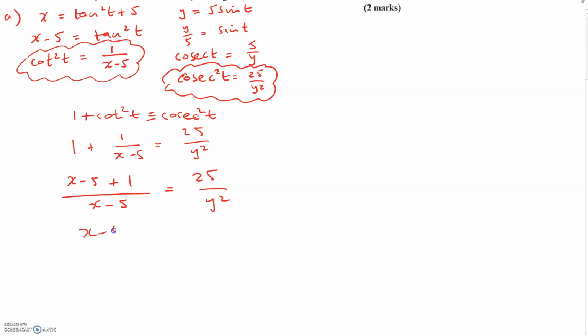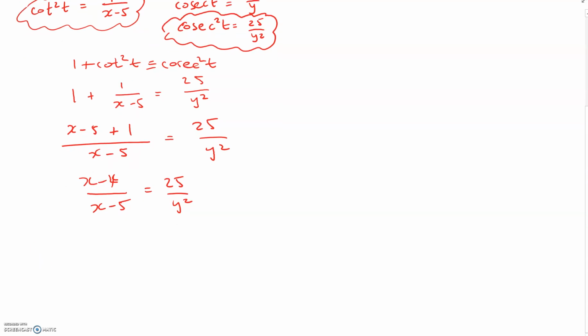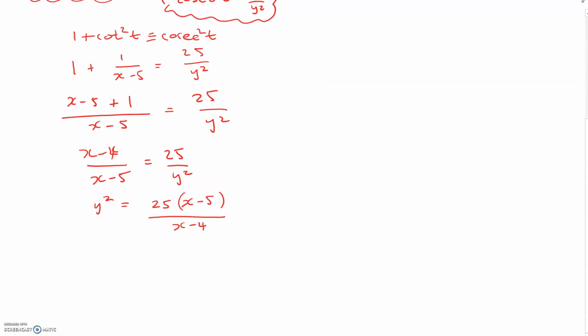I end up then with x minus 4 over x minus 5, and then what I could do is I could bring y squared on its own by multiplying through by y squared, multiplying through by x minus 5, and dividing both sides by x minus 4. So I can end up with that, and if we have a look, well, we could leave it like that.